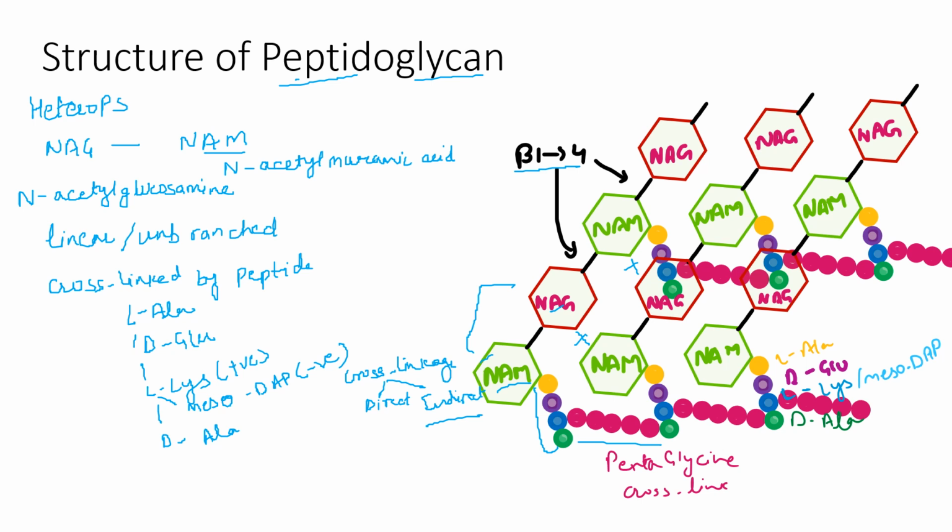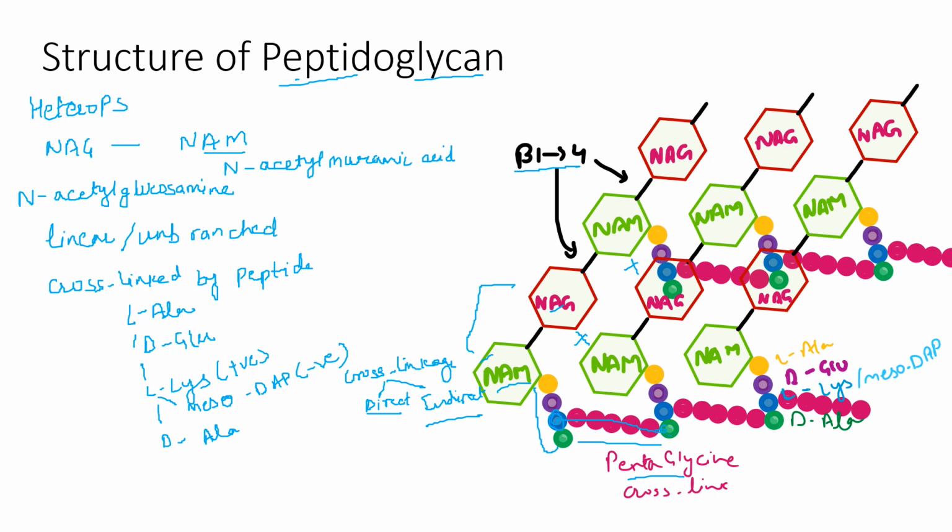So the third amino acid, L-lysine, of one chain is cross-linked with the fourth amino acid, D-alanine, via a pentaglycine bridge in the indirect method. In the direct method, they are directly linked via a peptide linkage.